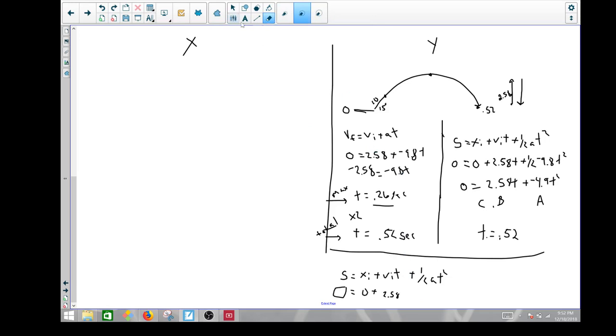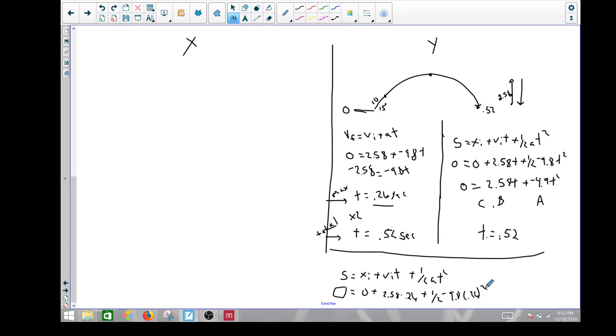t is 0.26, plus 1/2 times negative 9.8 times 0.26 squared. I do both components separately.